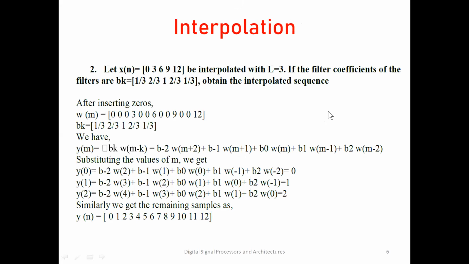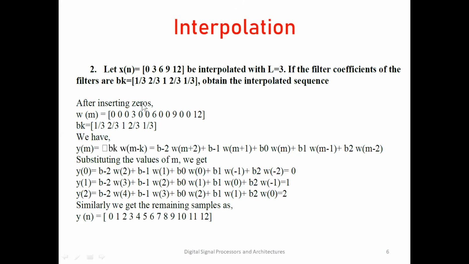Let us see a simple example of the interpolation process. Suppose the input sequence is X of N, which consists of the samples 0, 3, 6, 9 and 12. We interpolate with interpolation factor capital L equal to 3, and the filter coefficients are BK equal to 1 by 3, 2 by 3, 1, 2 by 3 and 1 by 3. To calculate the interpolated sequence, the first thing is to insert the zeros.